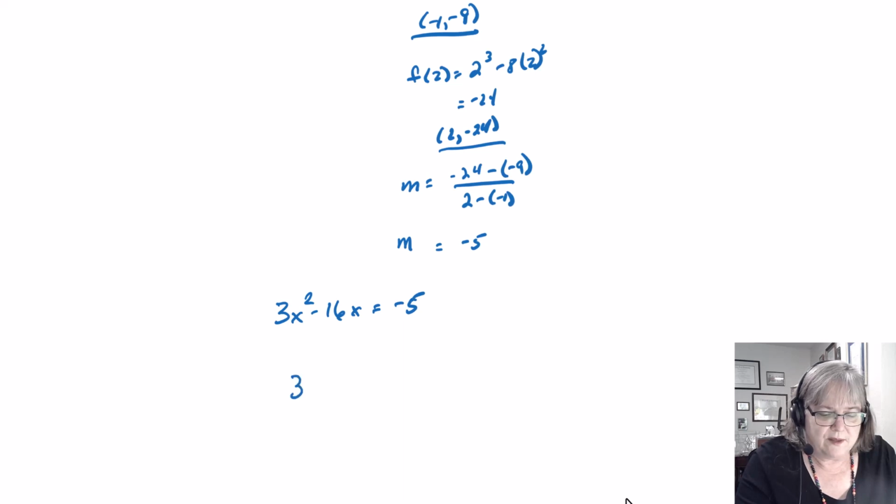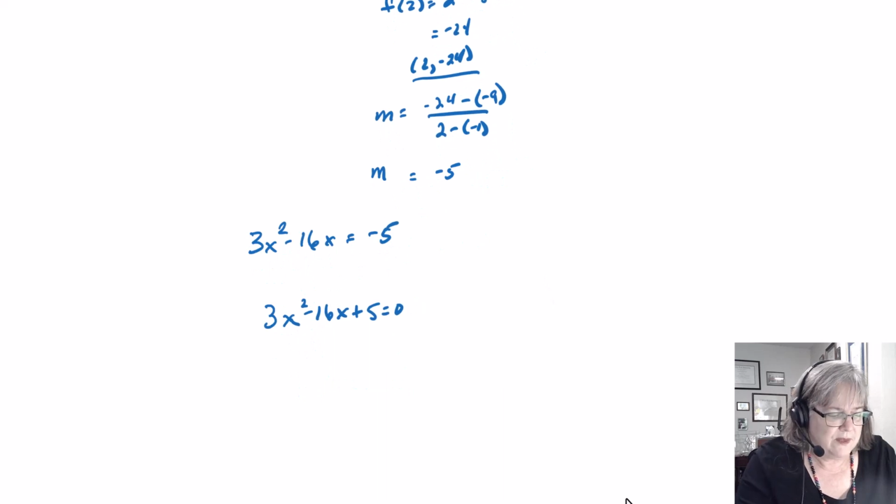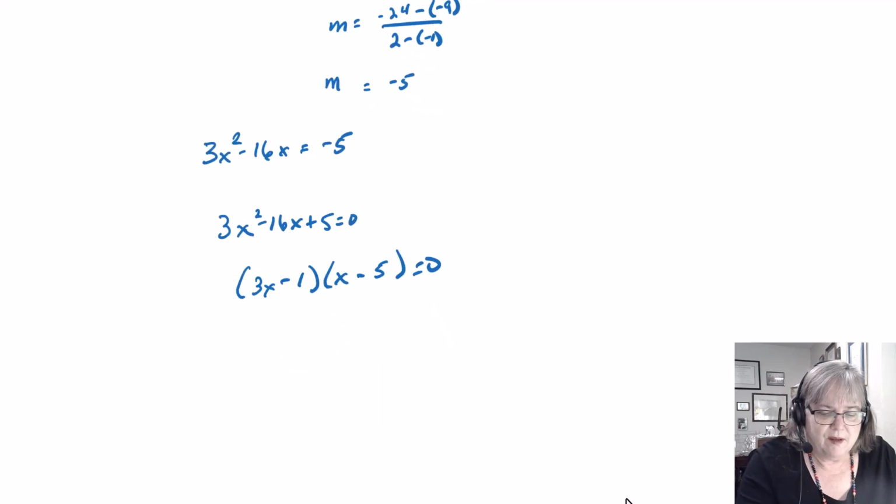So here we go. Let's solve it. And you would say, well, let's see if we can factor it. And it looks like it does. So x would be 1/3 and x would be 5.